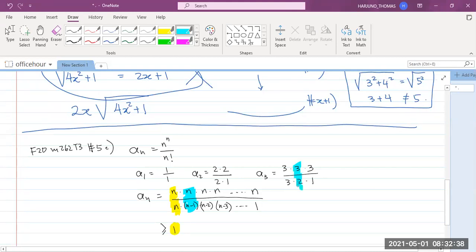So this one is equal to 1. But every term after that will be greater than 1. All the part that is greater than 1 is here. You compare that to 1. Now, the last term, however, equals n.